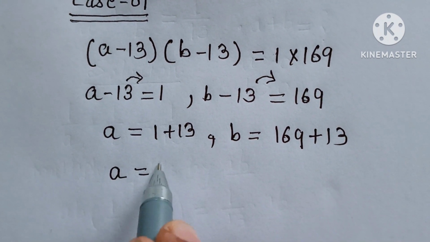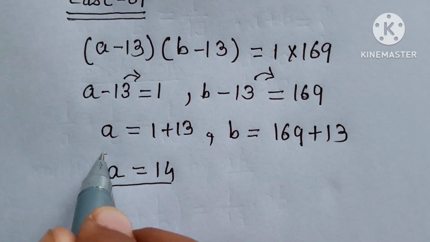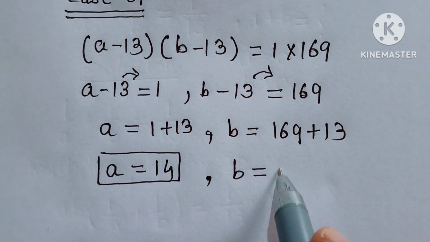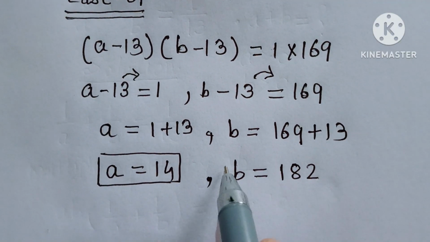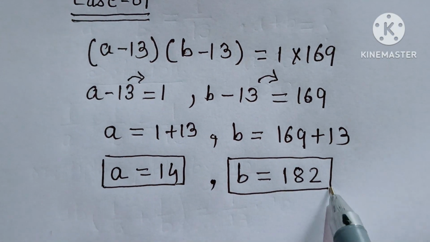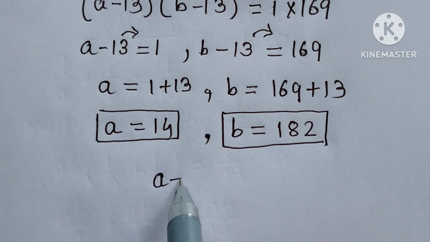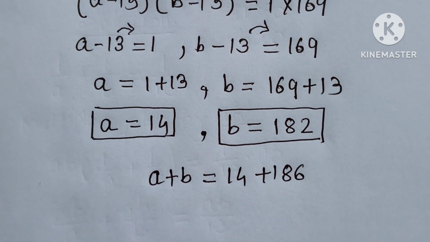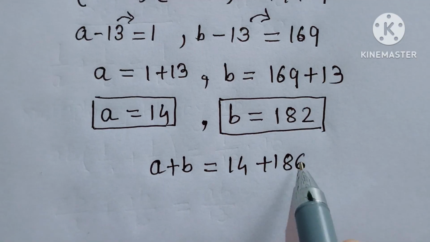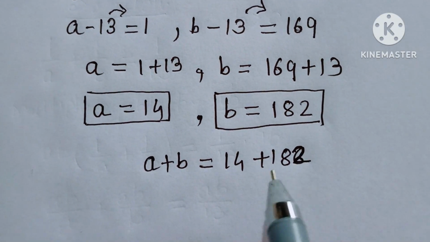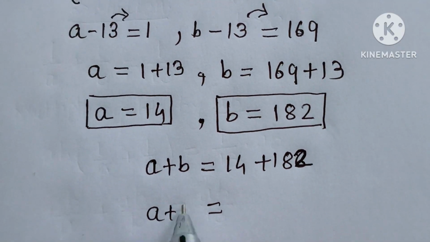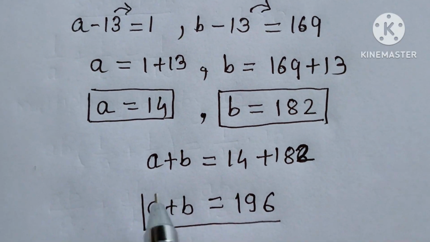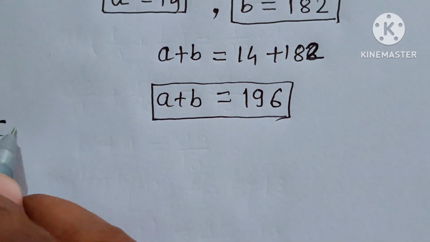A equal to 14, B equal to 182. Now A plus B equal to 14 plus 182. So A plus B equal to 196.